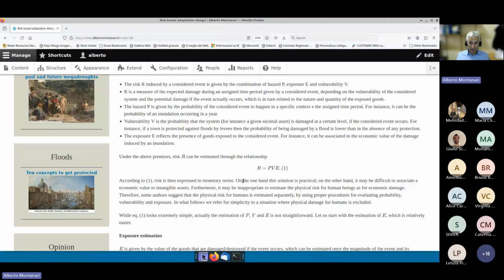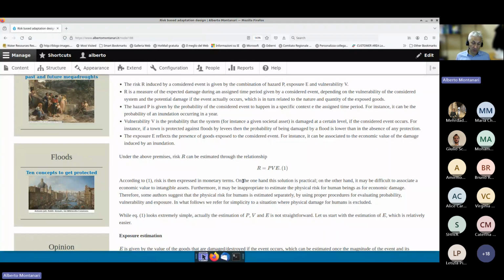So basically, what is the event that we may consider? For instance, the probability of occurrence of an earthquake of a given intensity, or the probability of occurrence of a flood of a given intensity, a flood for a given extreme river flow.